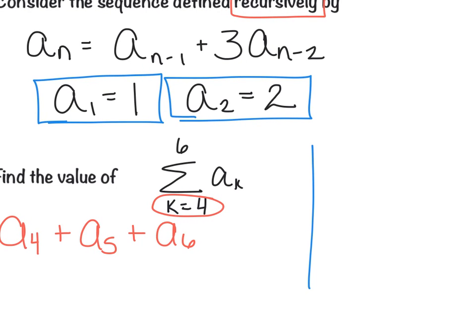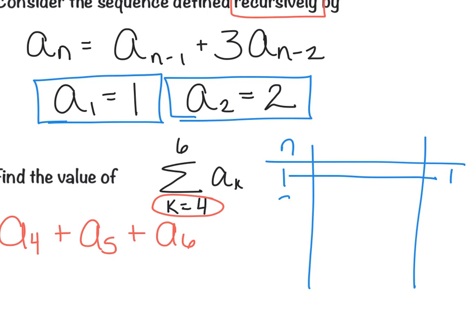As you recall, when we did recursive, we said, okay, these are the n values. So I know when n is 1, my answer is 1. When n is 2, my answer is 2. Now I have to do some work here. So I'm just going to write the rule down: a sub n equals a sub n minus 1 plus 3 times a sub n minus 2.